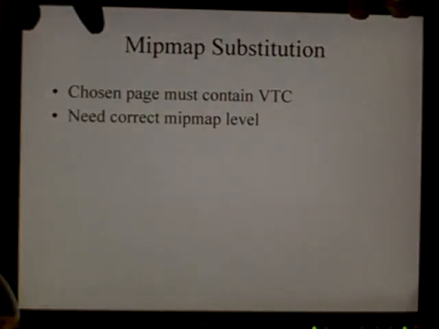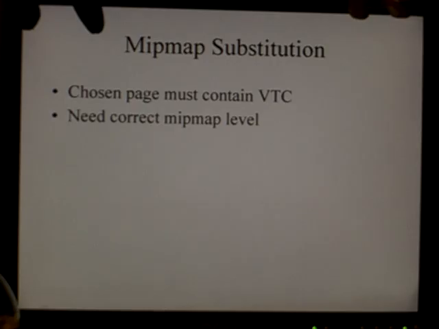The reason I need to do that is because for this Mipmap substitution to work, we're going to need two things to be true. Whatever page we end up choosing needs to actually contain whichever virtual texture coordinate we're at. As long as that page covers it, it doesn't matter what Mipmap level it comes from, we can make this work.